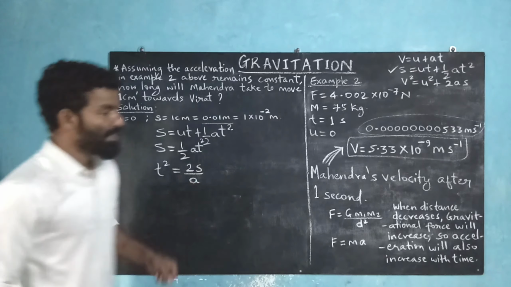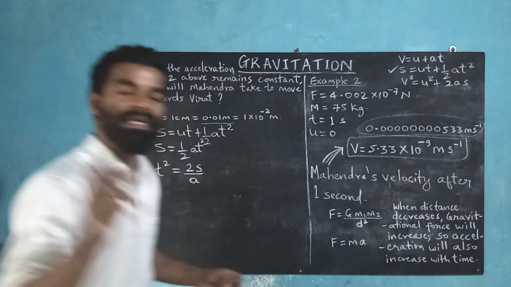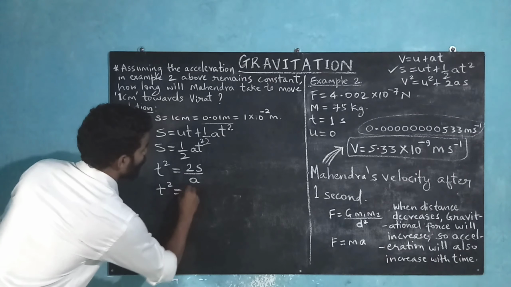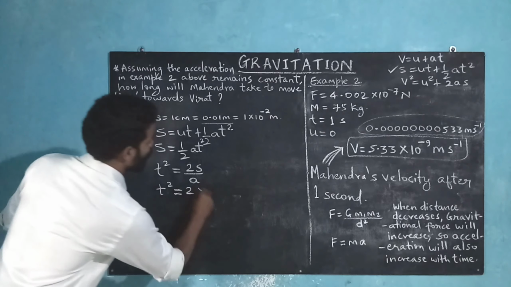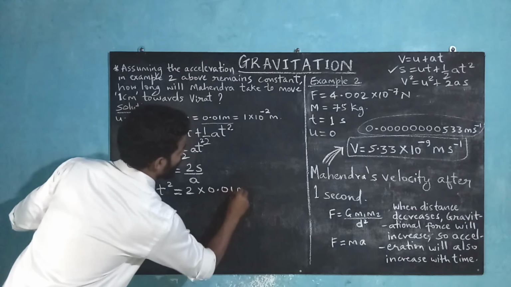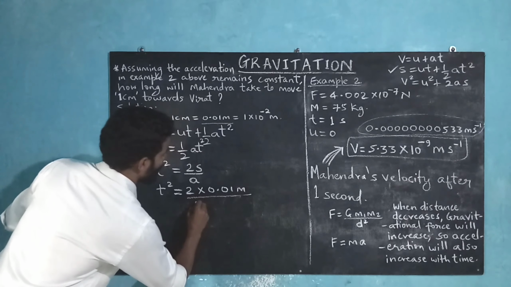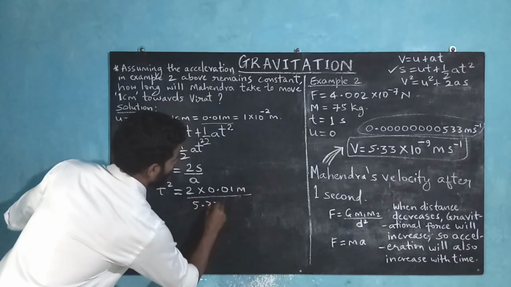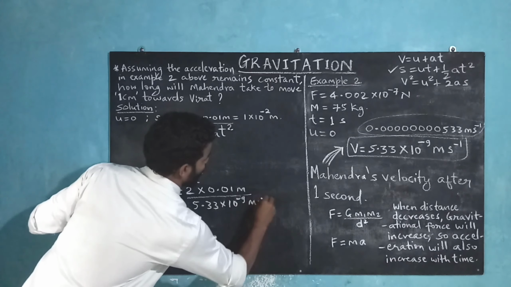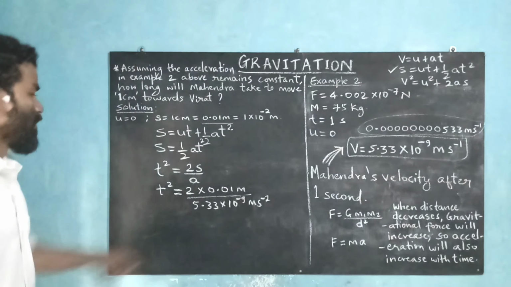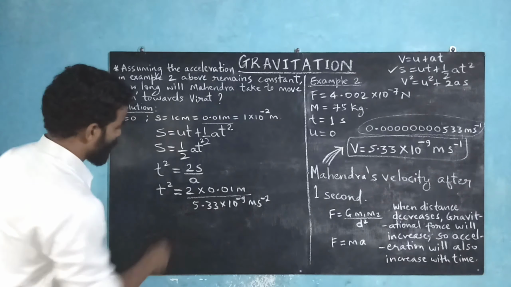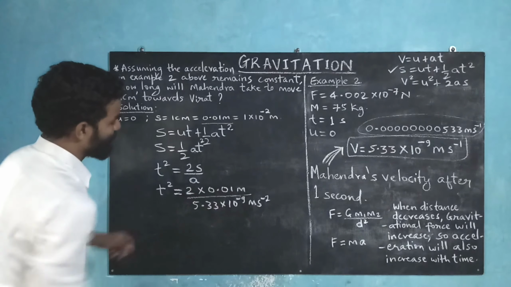We had found the acceleration as 5.33 into 10 raised to minus 9. So t square equal to 2 into distance, which is 0.01 meter, and acceleration is 5.33 into 10 raised to minus 9 meter per second square. So this was the acceleration. Now we can multiply and then divide the terms.